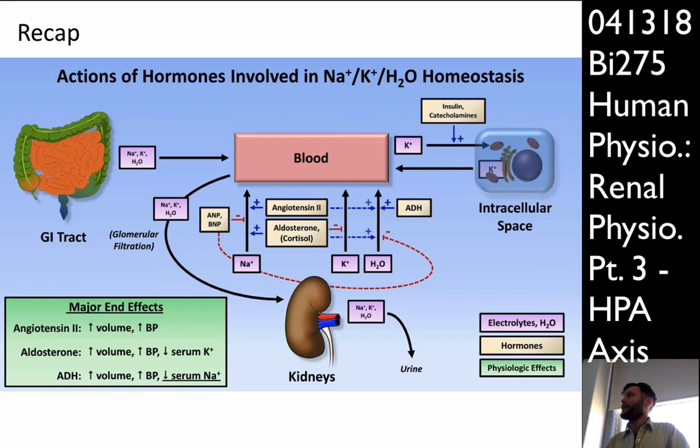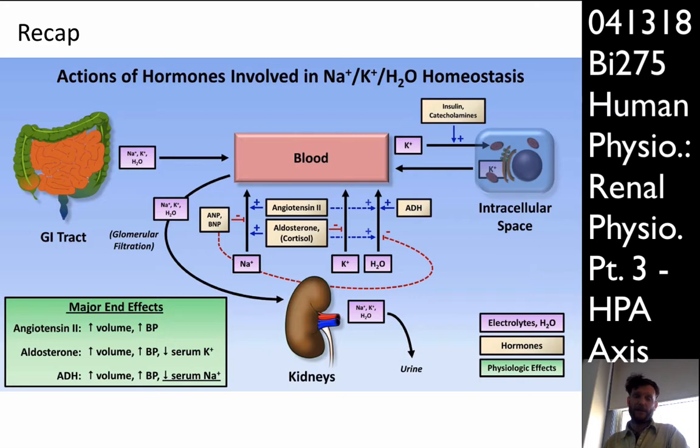And we can think about sodium, potassium, and water export into, or resorption into, the blood. And they're going to be controlled, positively affected by aldosterone, also cortisol, and angiotensin and ADH, and negatively affected by, so this chart has it as ANP and BNP.